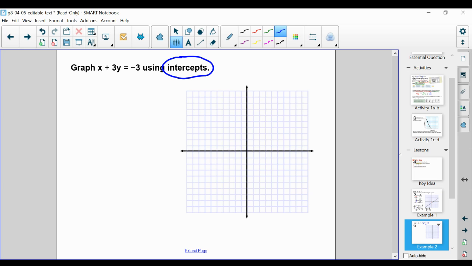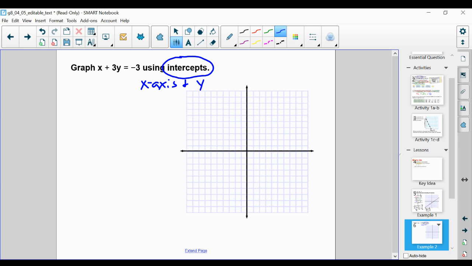We were talking about slope-intercept form prior to today. Well, slope-intercept. What does it mean to be the y-intercept? Well, the y-intercept is where our line hits the y-axis. So if we're going to be using a process called using the intercepts, we're going to find the values of both the x and y axis.